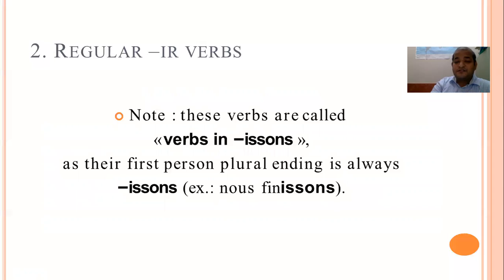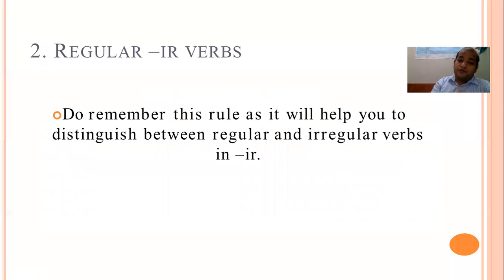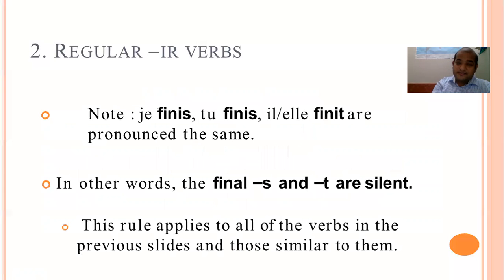So nous finissons, as we saw. Do you remember this rule? It will help you to distinguish between regular and irregular verbs in IR ending verbs. So you know very well the endings for regular verbs. Now we'll be talking about the irregular ones.